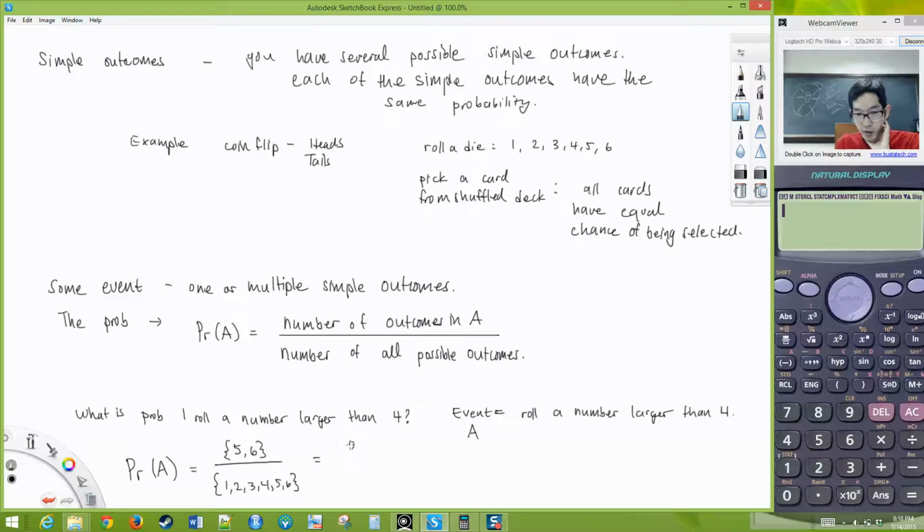So I have 2 outcomes that satisfy being larger than 4 out of a total possible of 6 outcomes. So the probability of A simplifies to 1/3. Or we can turn it into decimal form and say this is 0.33333, and so on.